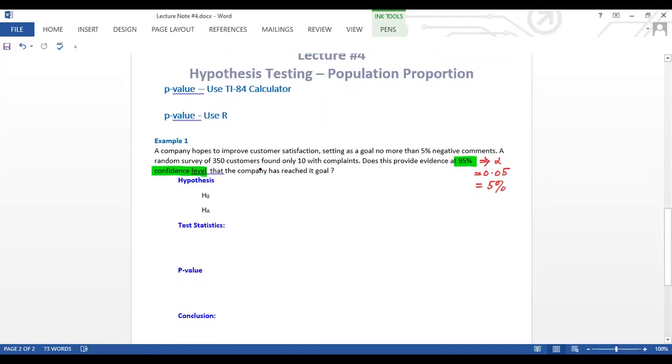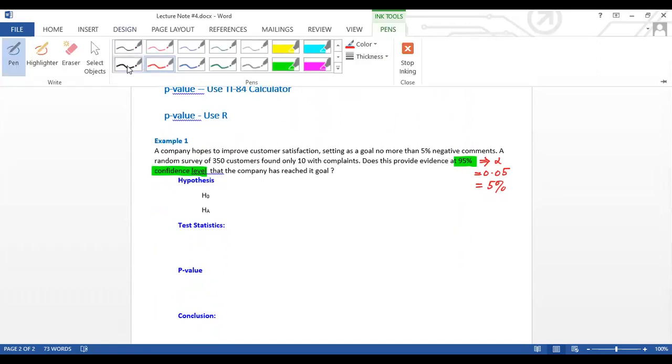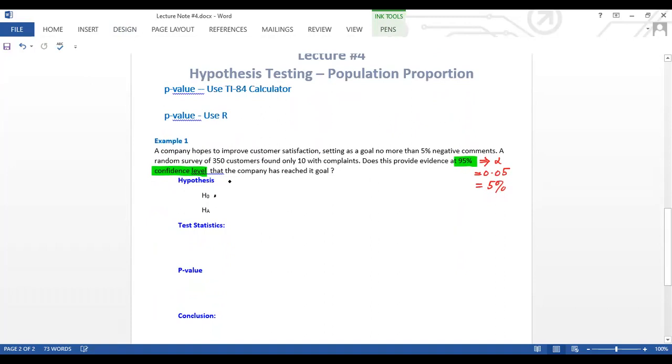Okay, so let's see here. I want to find out whether there is an improvement, right? So you need to be very careful. This is what I'm researching, the 5% negative. So my research hypothesis really is improvement, which means the percent of complaints has to be less than 0.05, correct?